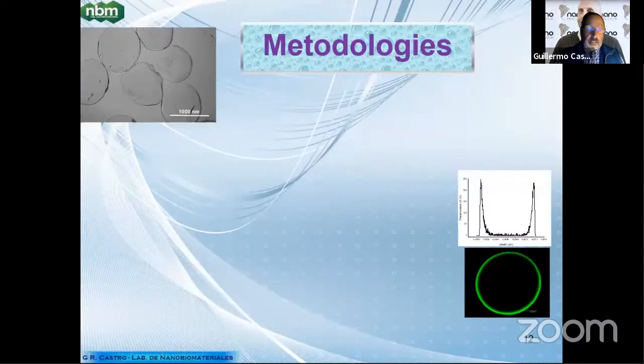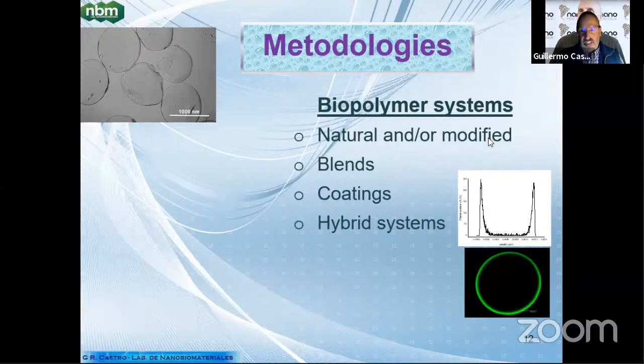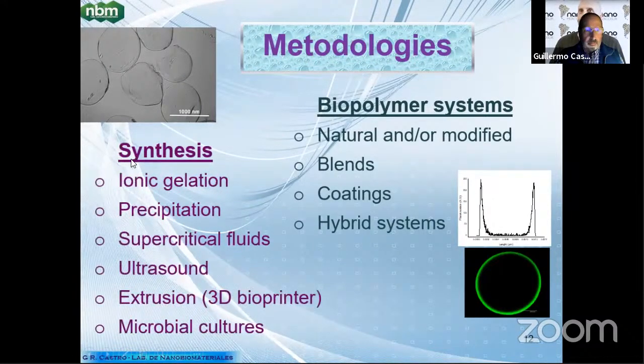So what are the main methodologies that we use to produce this? Natural or modified biopolymers to create blends, to make coatings, and hybrid systems, as I mentioned before. The most popular are ionic gelation, in the case that the polymer contains carboxylate ions, precipitation, supercritical fluids, which is a new technology, but is not very easy to manage.